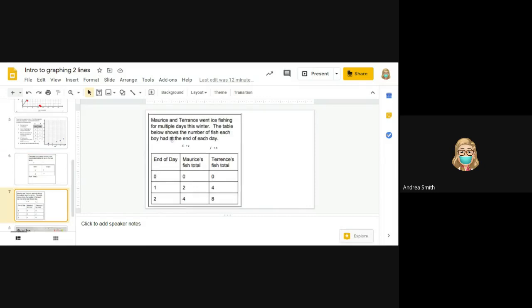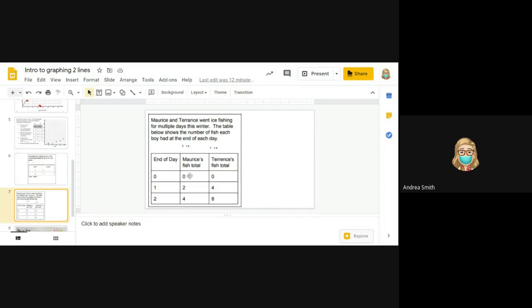All right. The rule for X in this one, this is Maurice and Terrence, by the way. They're going fishing. They like to go fishing. So they're going to go out for a couple days of fishing. Only 2 days here because it says the end of the day 0, and that's not even the first day. The first day and the second day. Maurice is going to go fishing, okay?